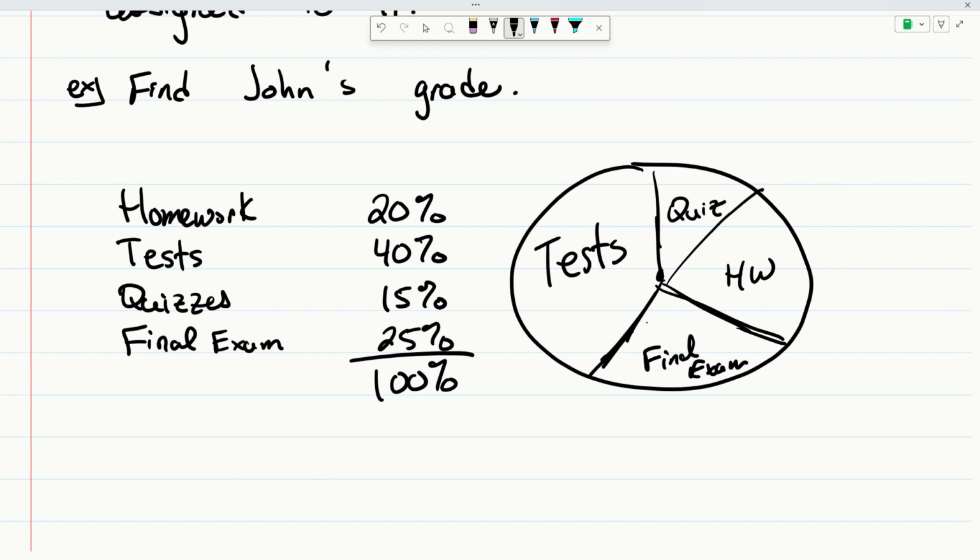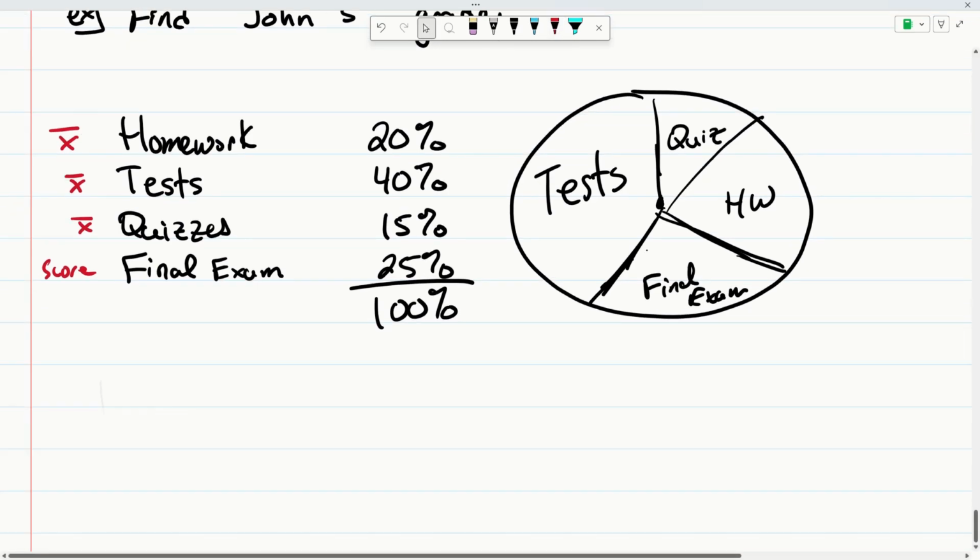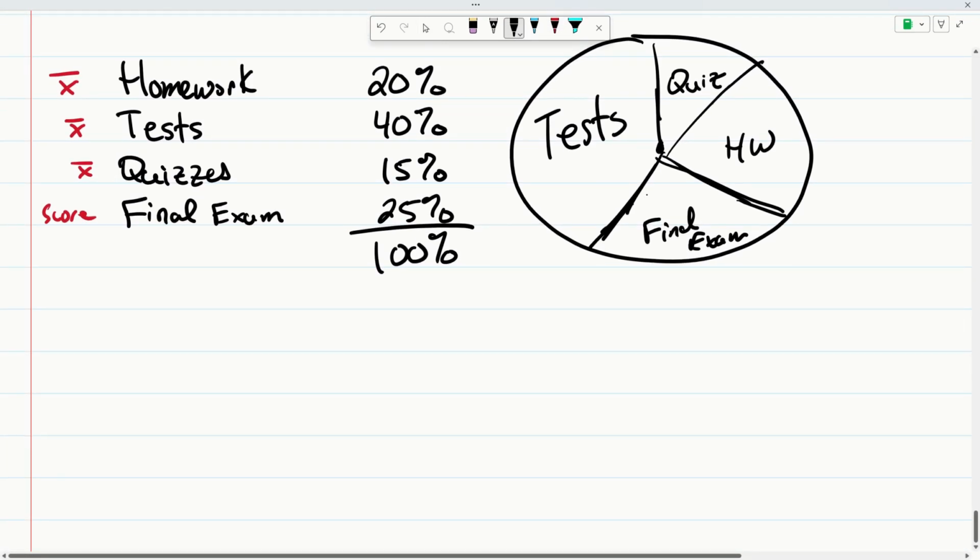Now, the way that I calculate this is I will find the average score for each one of these. Obviously the final exam wouldn't be an average. It would just be the actual score itself. But I find the average homework, the average for tests, average for quizzes, and then your final exam score. So let's do this.